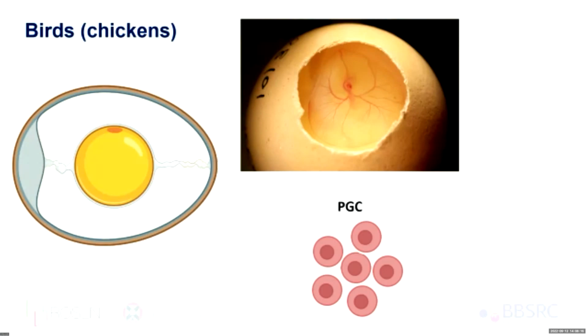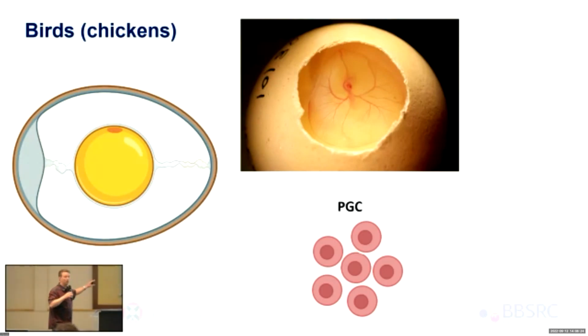And again, because you have cells in culture, you have an opportunity to genetically manipulate those. So these are single cells that will eventually contribute to the germline. And once you've genetically manipulated these, you can inject them back into the bloodstream of an age-matched recipient.